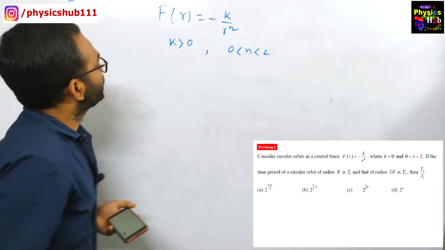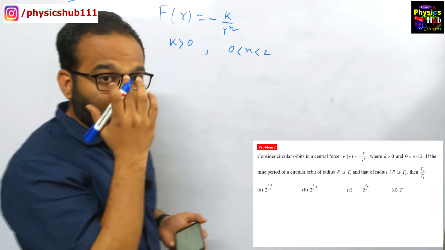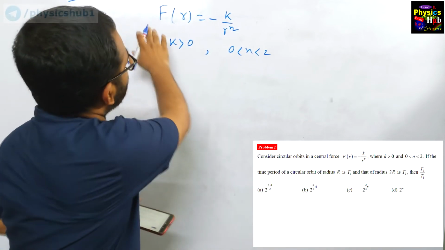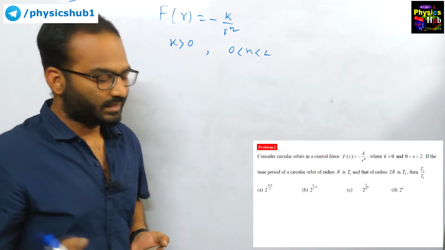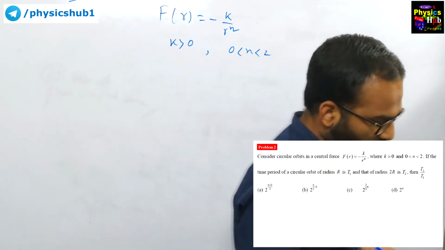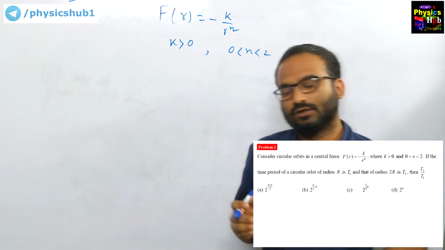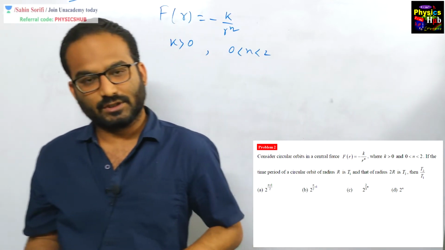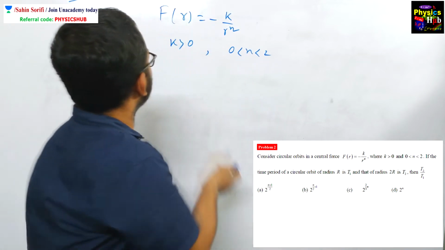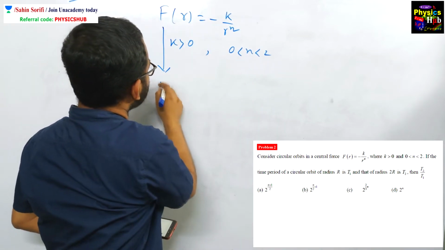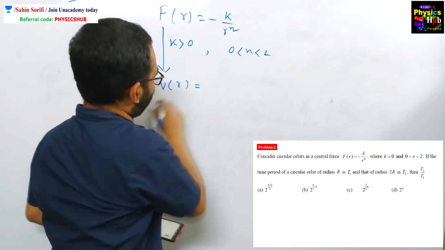So look, this is a central force problem and you are given the force expression. I have already told you during the class that in a central force problem, the first thing you need to do, if you are given the potential, is find the V effective. Here the force is given, so we can easily calculate the potential.